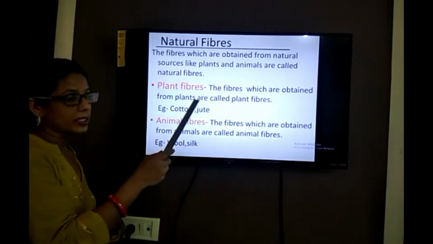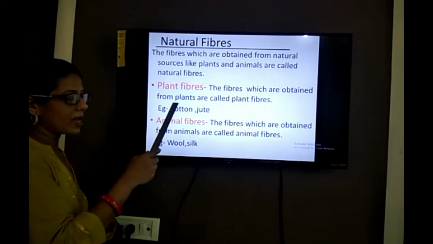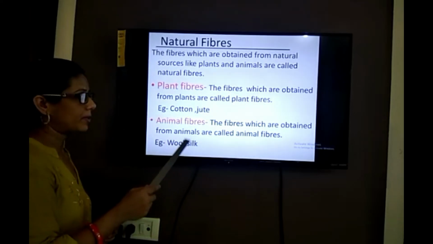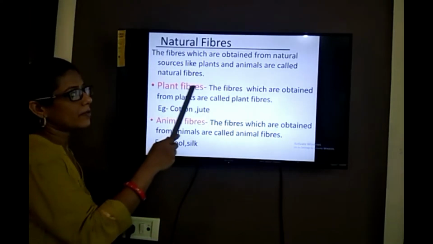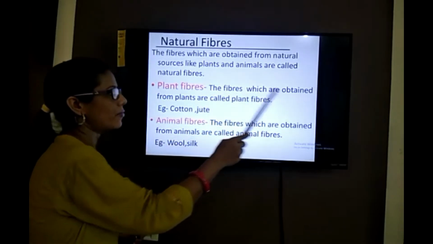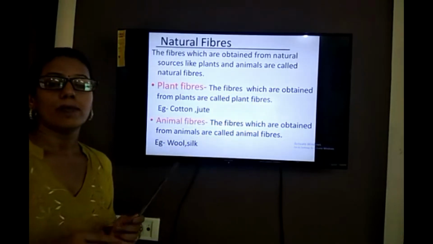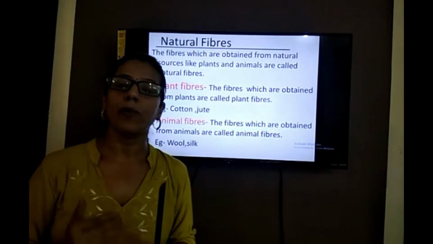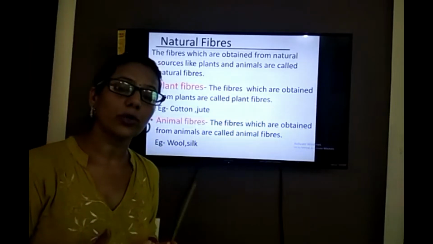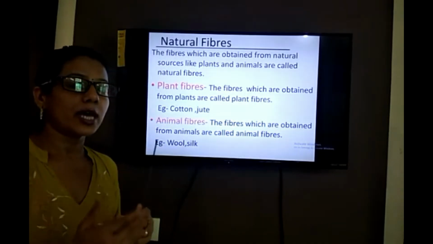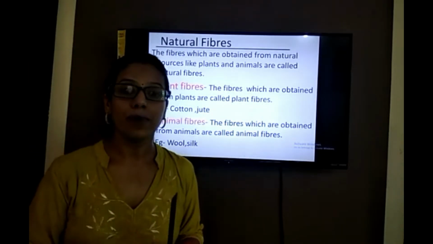Again, natural fibers are of two types, plant fibers and animal fibers. Plant fibers are the fibers which are obtained from plants, and plants are natural sources. That's why these are included in natural fibers.